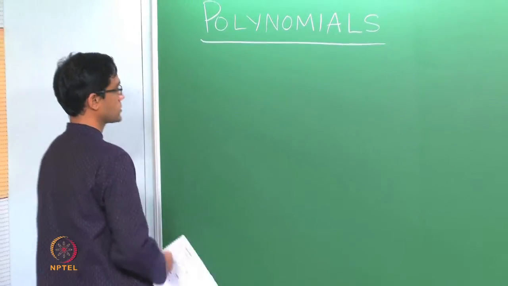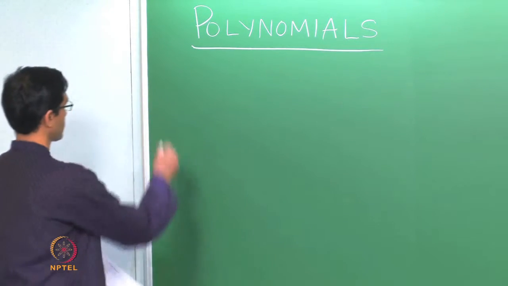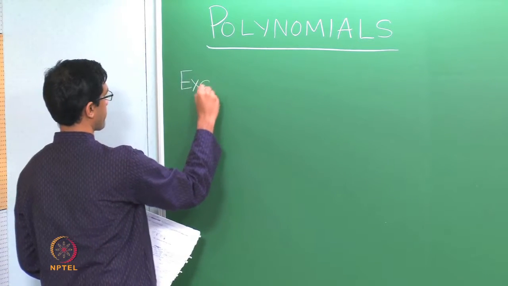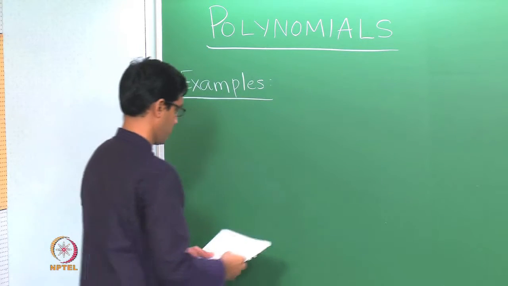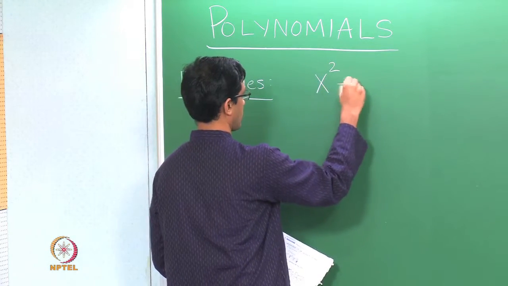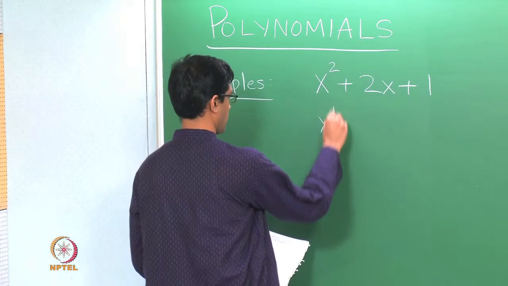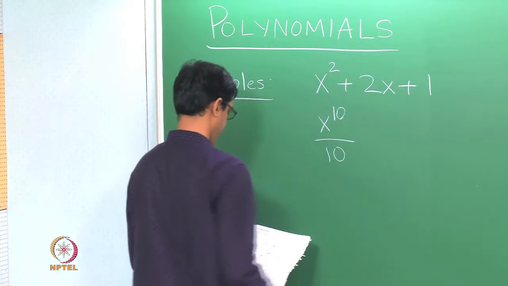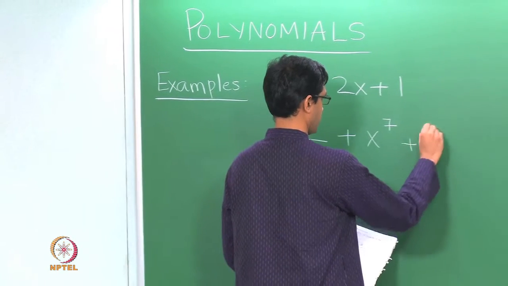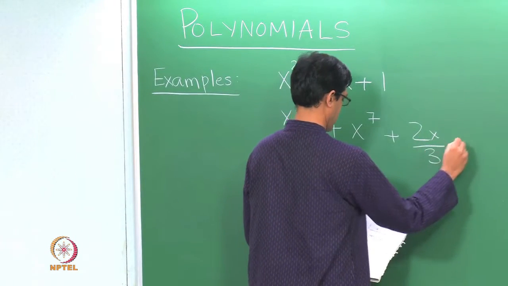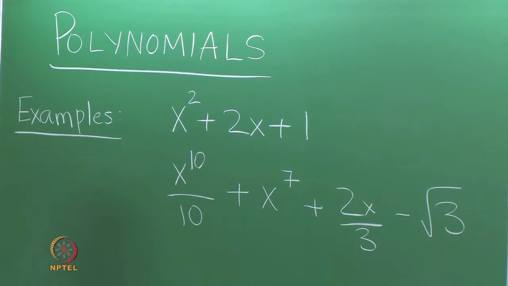So, we have polynomials. Let us start by giving some examples of polynomials. I wrote down two examples of polynomials.